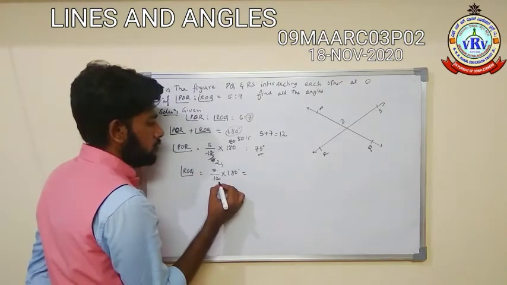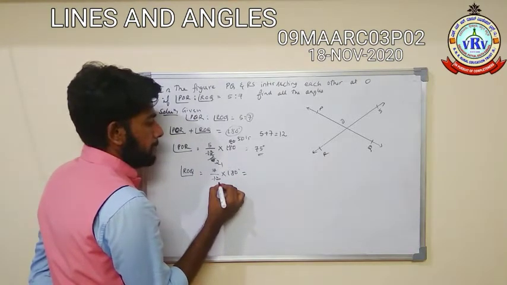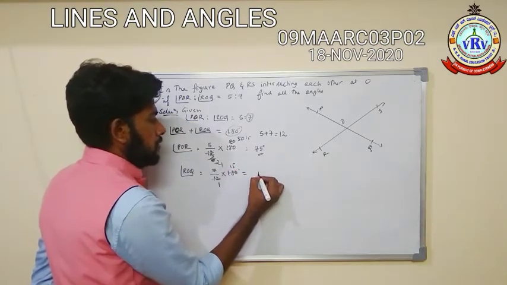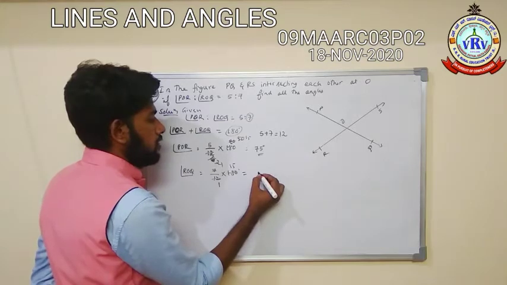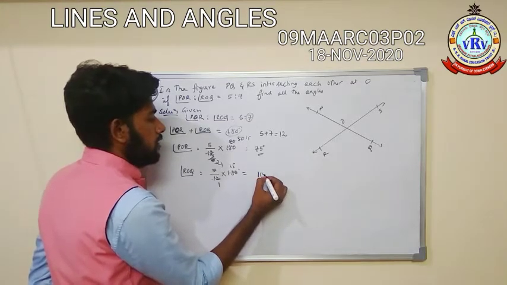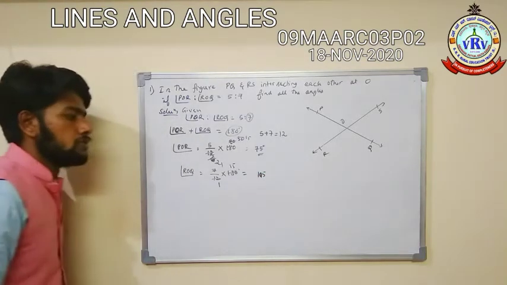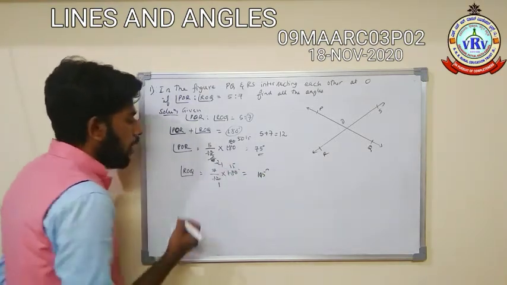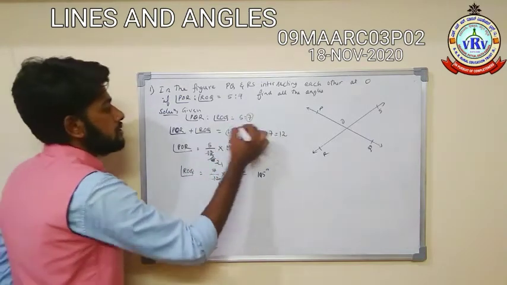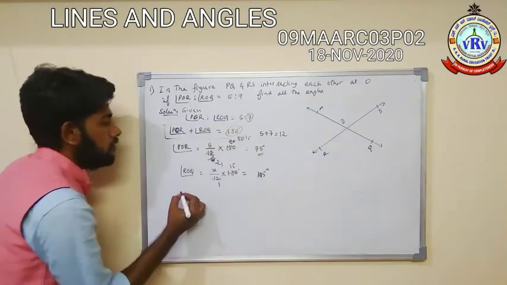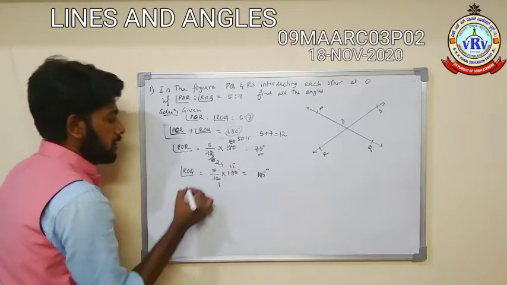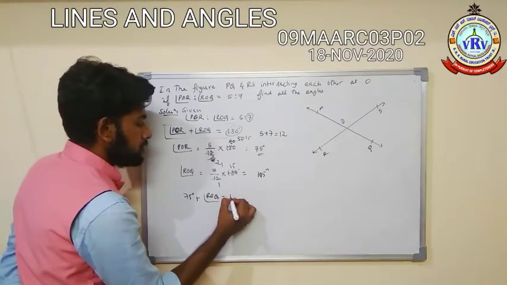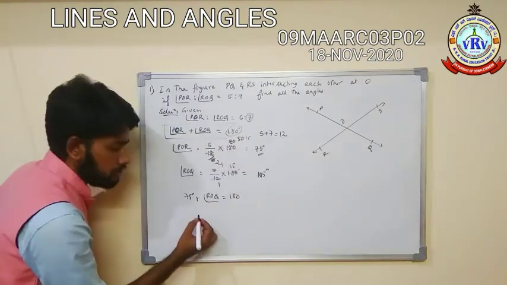Then it is equal to 15 7s, which is 105 degrees. Or else you can find it using this. We know POR, we are getting 75 degrees, plus ROQ is equal to 180 degrees using this expression.